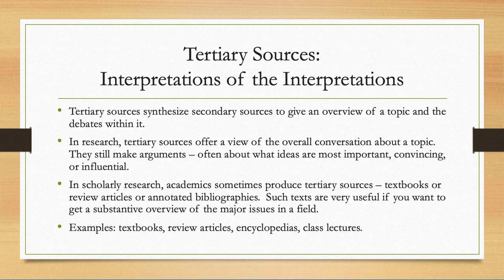They're not necessarily unbiased. They often make cases for what's most important in a topic. Tertiary sources are most useful when you want to get an overview or some basic understanding of a topic. An example from this class would be the lectures that we've given on the history of Baltimore.